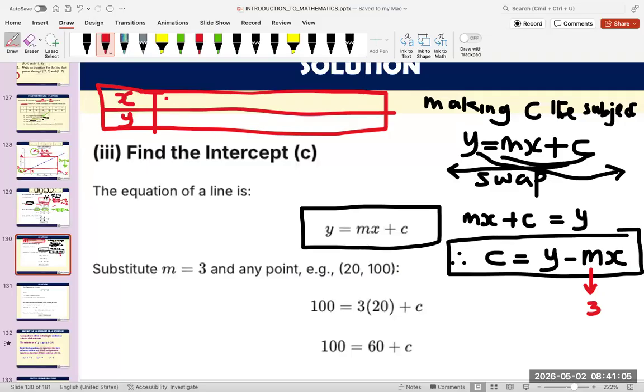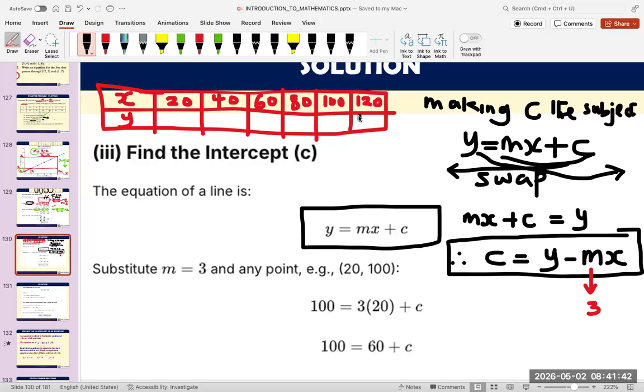And the values we saw 20, 40, 60, 80, 100, and then 120 for the x values. And the y values, we saw this for the y values.